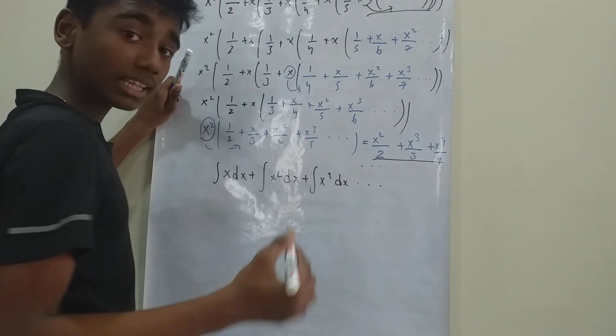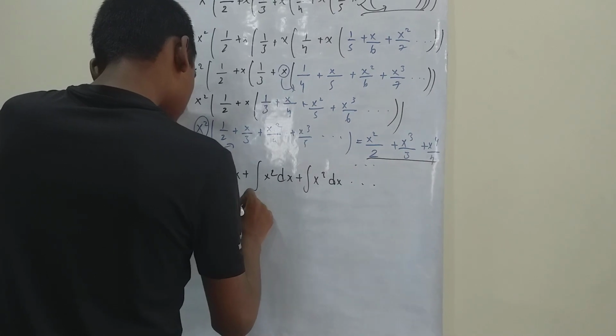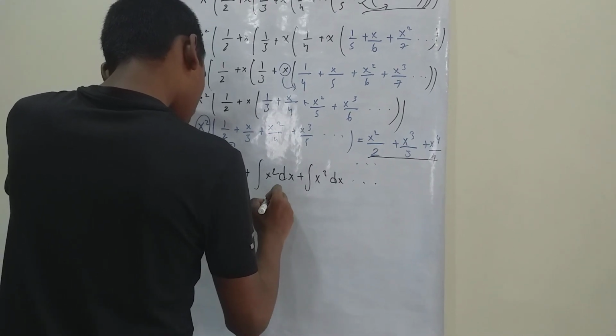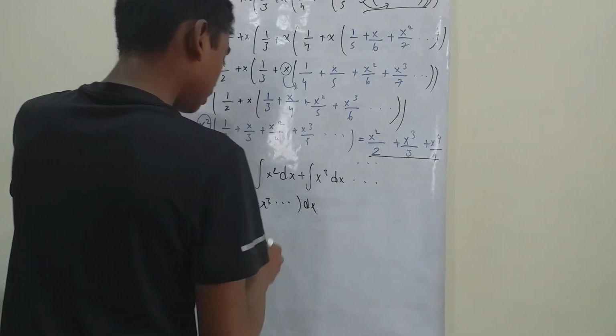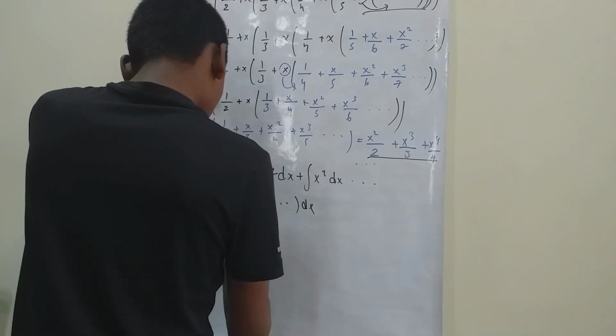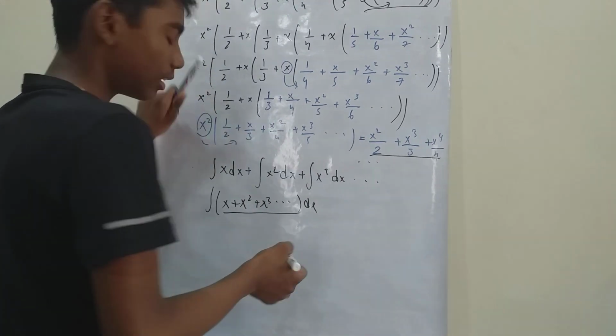So, well, if I take the integral common, I get integral of x plus x squared plus x cubed and so on. Well, you've got to put dx. It's a rule actually. So when I solve this one, I could integrate it and get a good value.